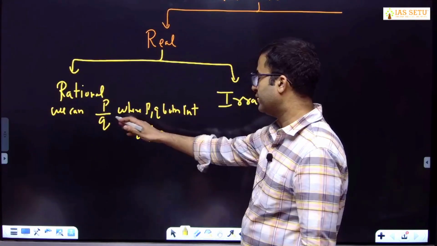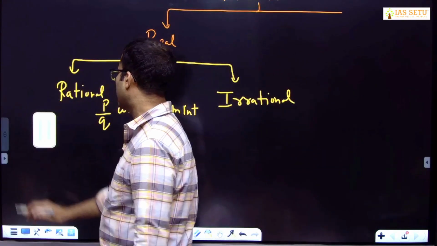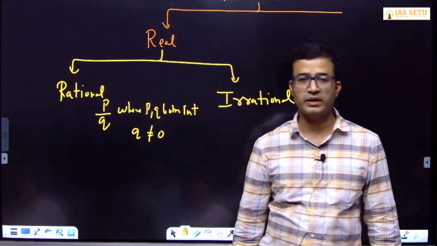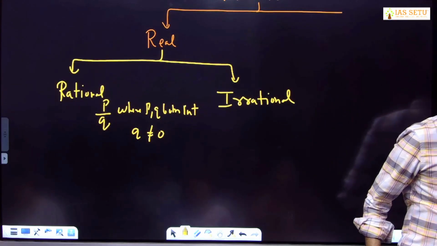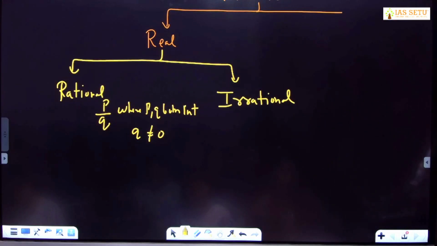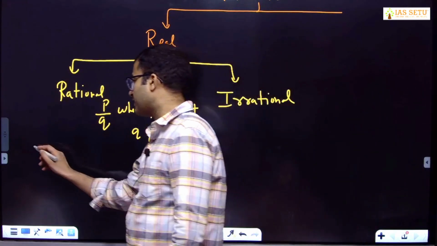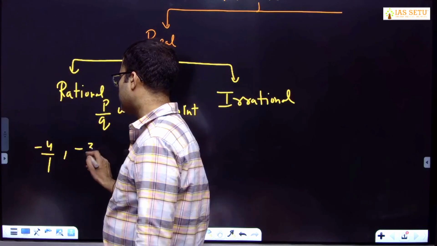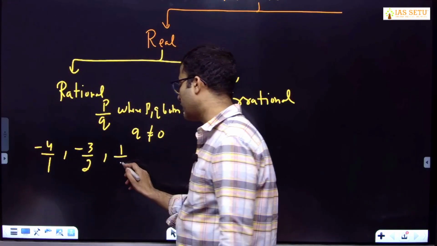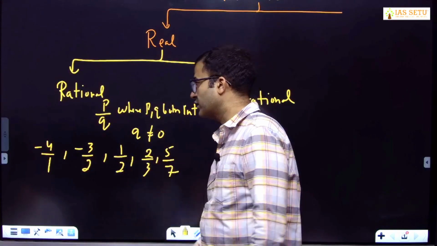For example, -4 by 1, -3 by 2, 1 by 2, 2 by 3, 5 by 7.